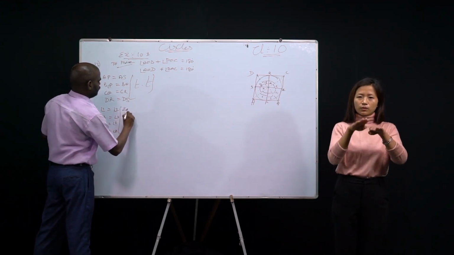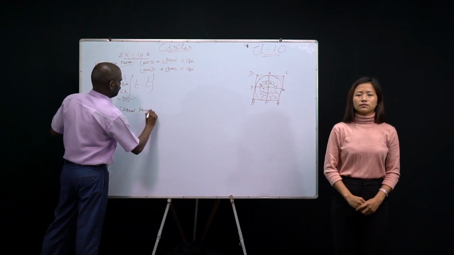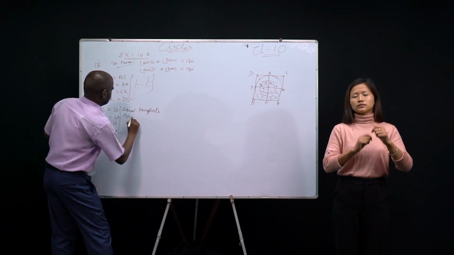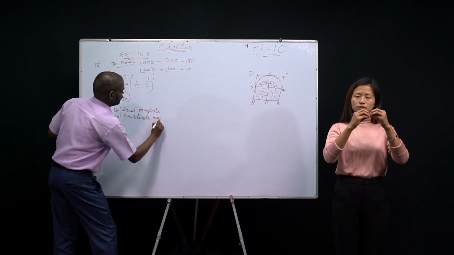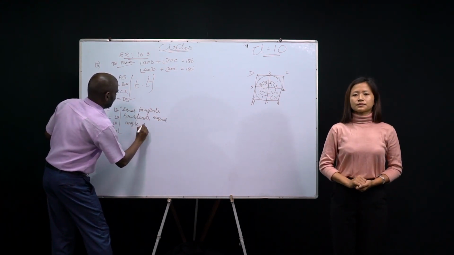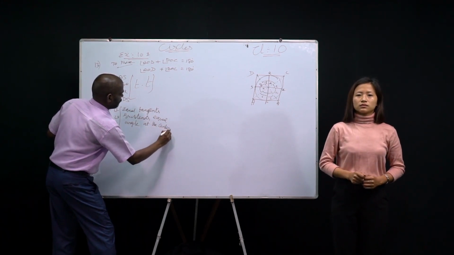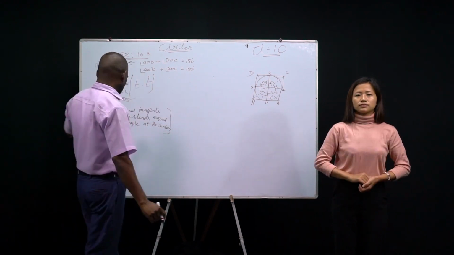Why? Equal tangents subtend equal angles at the center.